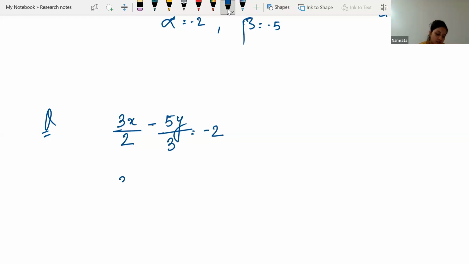And the other equation is x by 3 plus y by 2 is equal to 13 by 6.